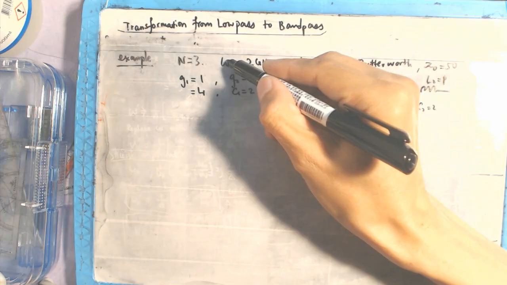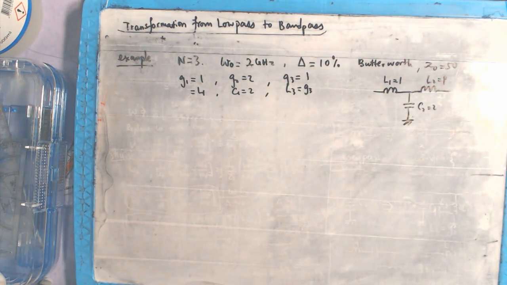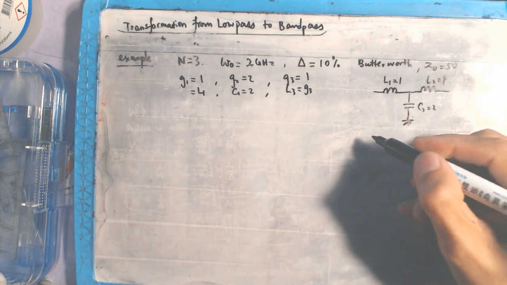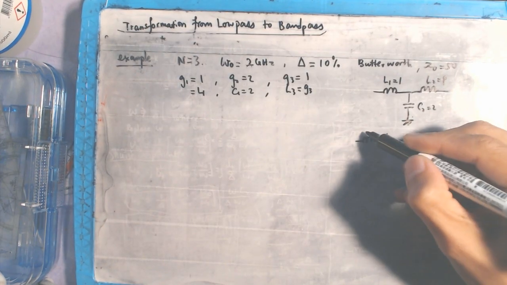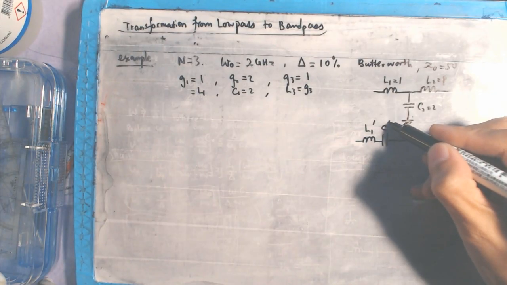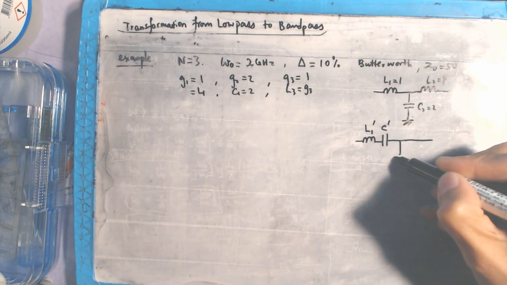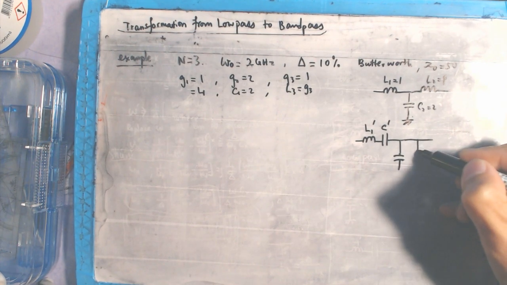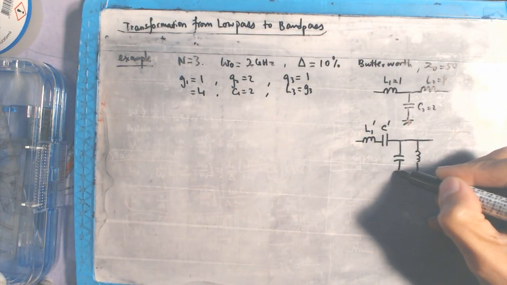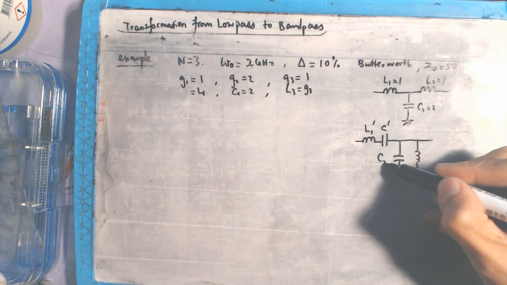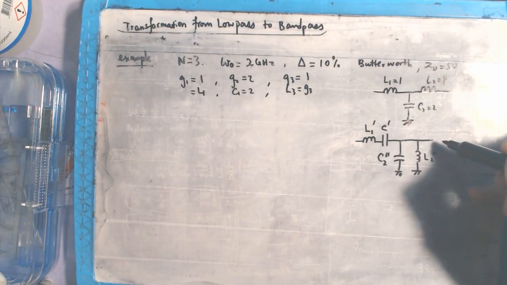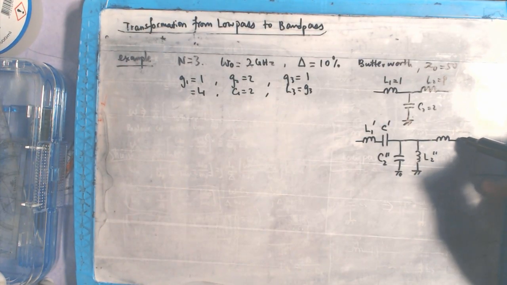So what you need to do is to use the formula that you need, and you replace this with L1 prime and then C1 prime, and similarly this one, and you need C2 double prime and then L2 double prime, and L3 prime and then C3 prime.